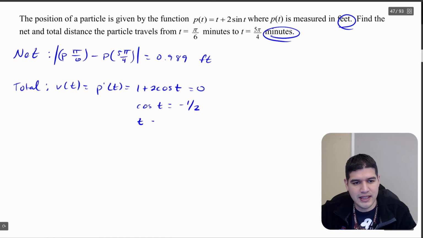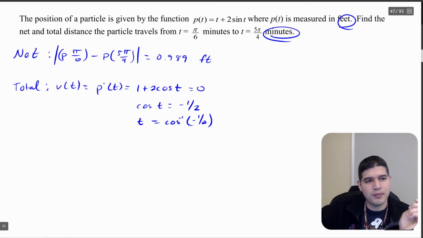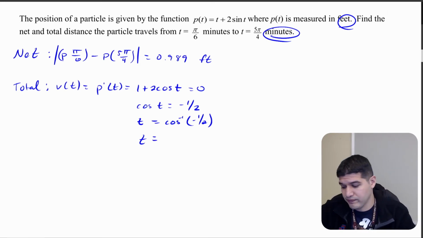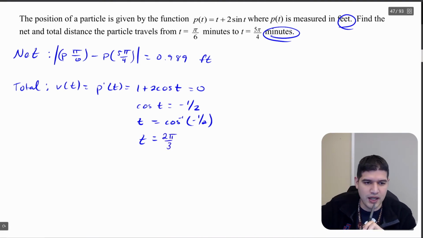And we know that t will be equal to the inverse cosine of -1/2. And since we're only looking from pi over 6 to 5 pi over 4, we know that t, from the unit circle, would be 2 pi over 3, because pi over 3 would be positive.